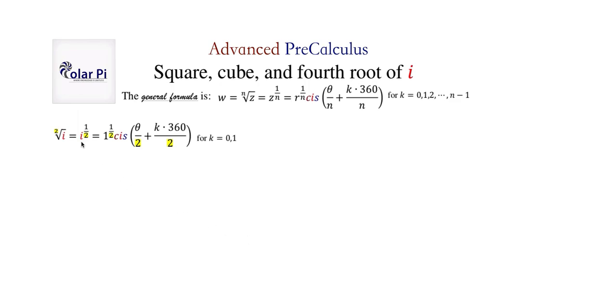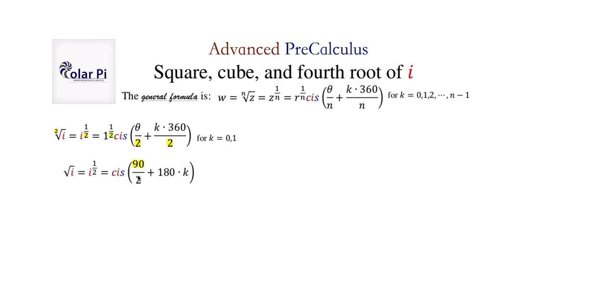When i is expressed in r cis theta form, i is equal to 1 cis 90. That should be pretty obvious, so theta for i in r cis theta form is 90.